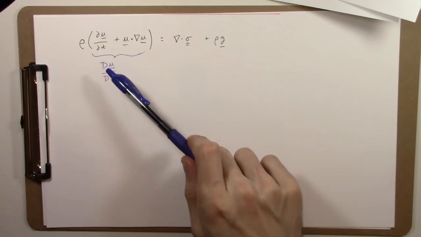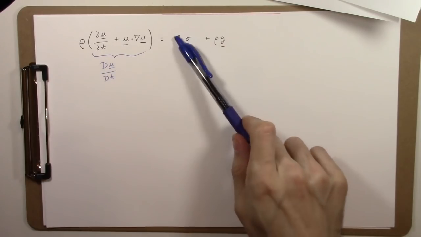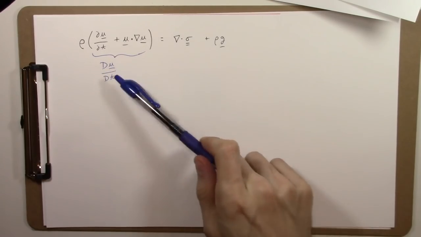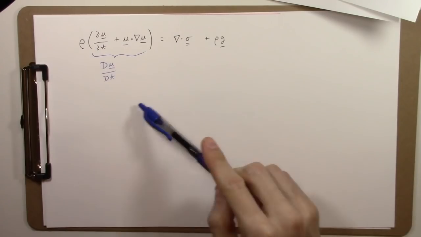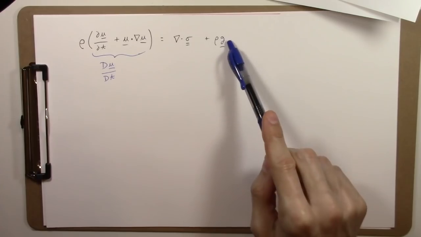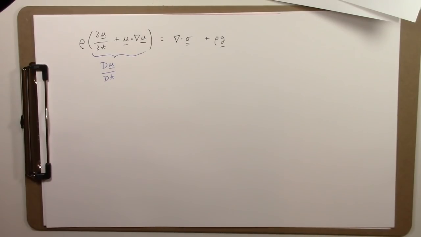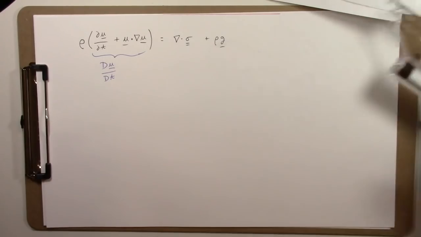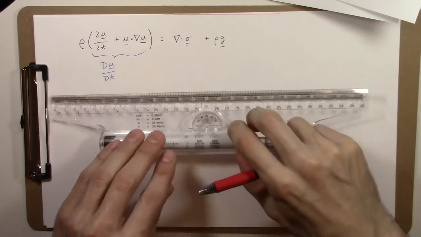So rho times the rate of change of the velocity is equal to the sum of the forces. This is all per volume, because rho is mass per volume. These are surface forces per volume, and this is body force or gravity force per volume. So this is an extremely important equation that should be memorized.